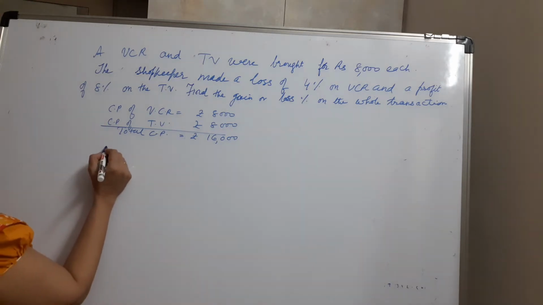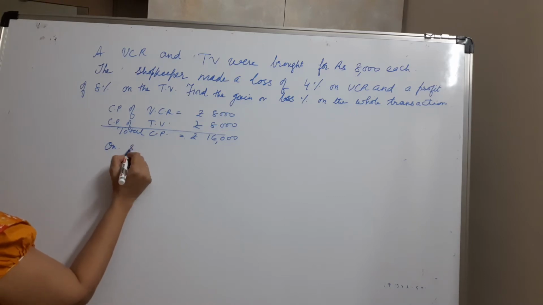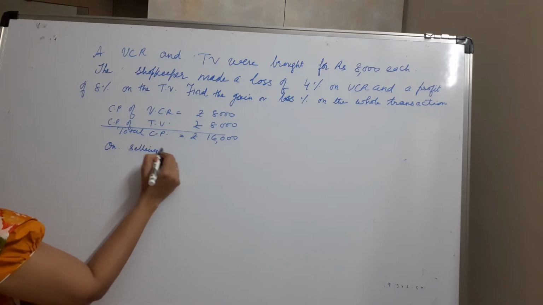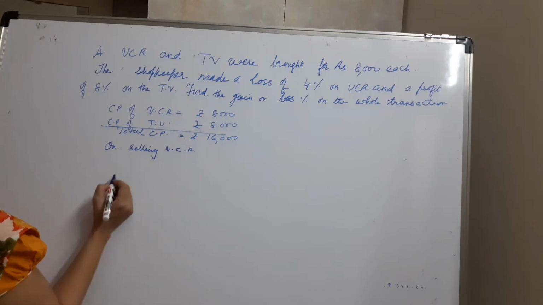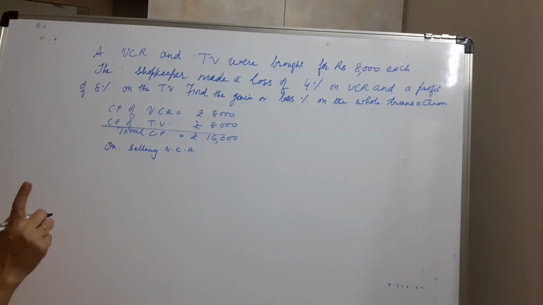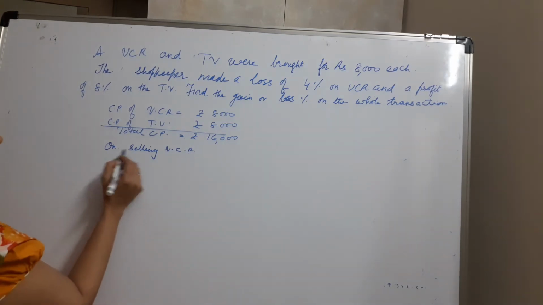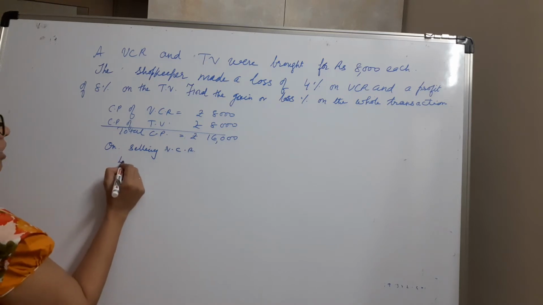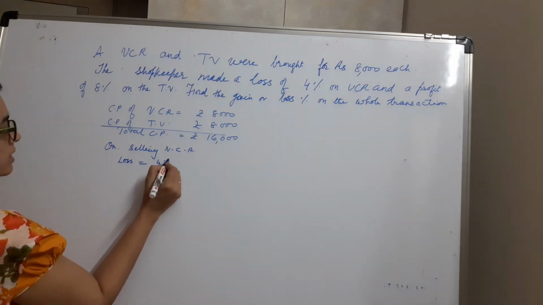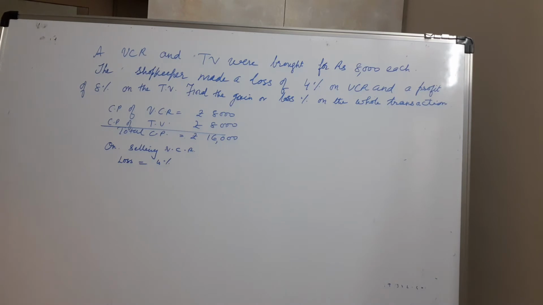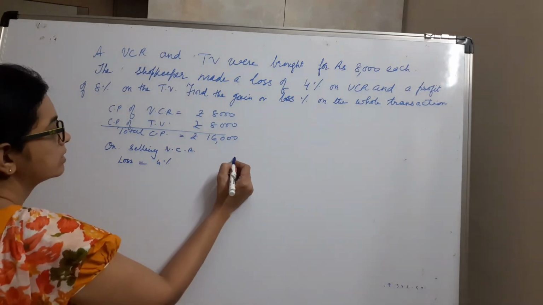Now, on selling the VCR, the shopkeeper is making a loss of 4%. On selling the VCR, loss is equal to 4%. So now let us take the unitary method.